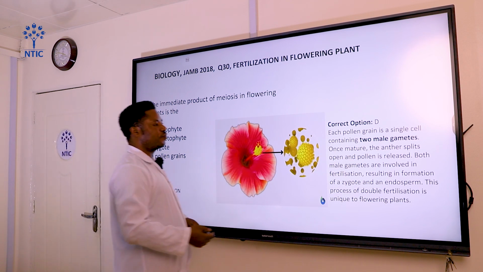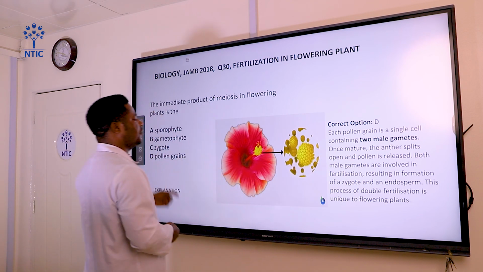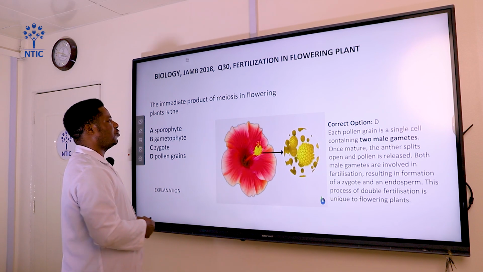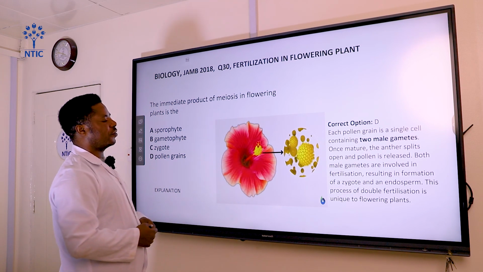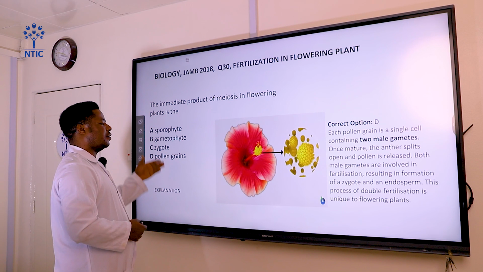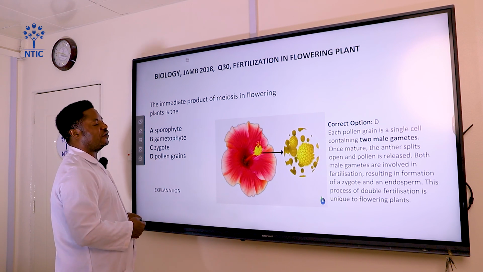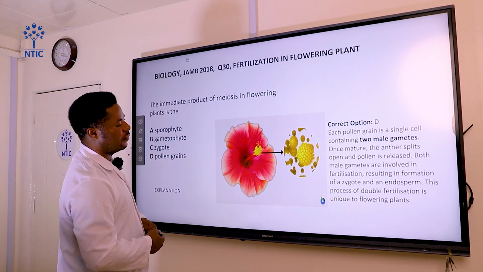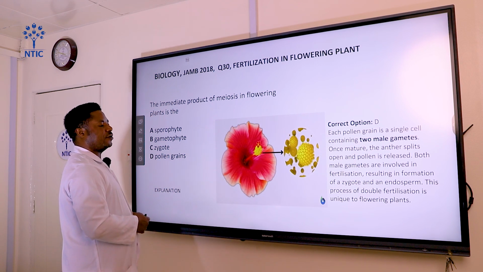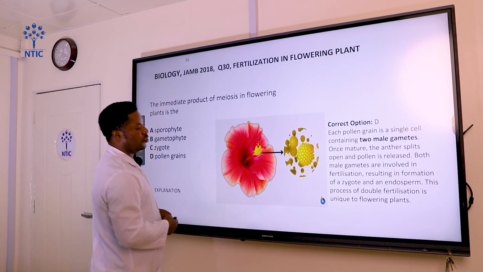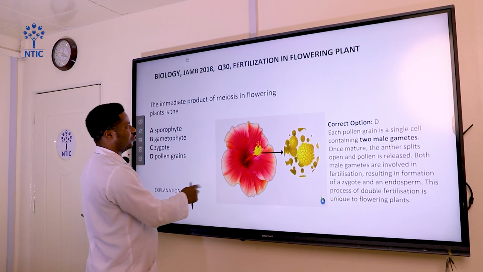As you can see, the pollen grain is actually the product of meiosis in flowering plants. Okay, in them you have two gametes which are used to fertilize the egg cell in a flower during or after pollination.